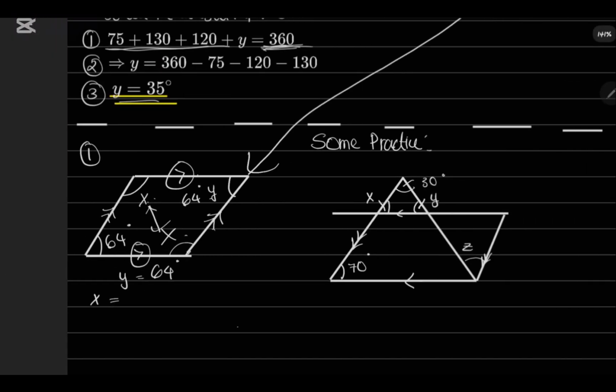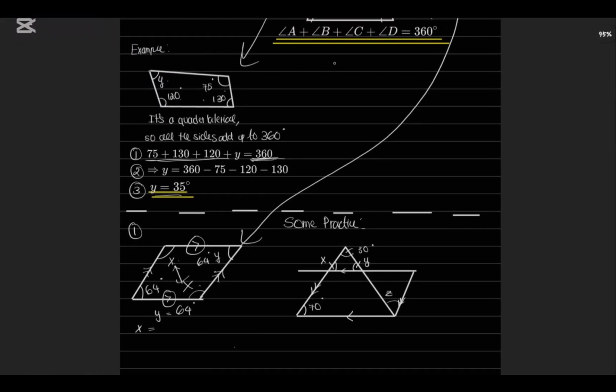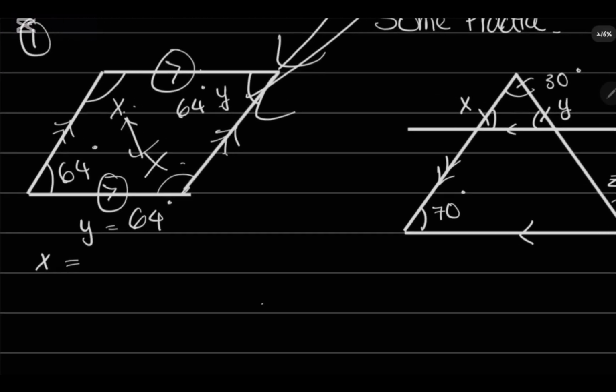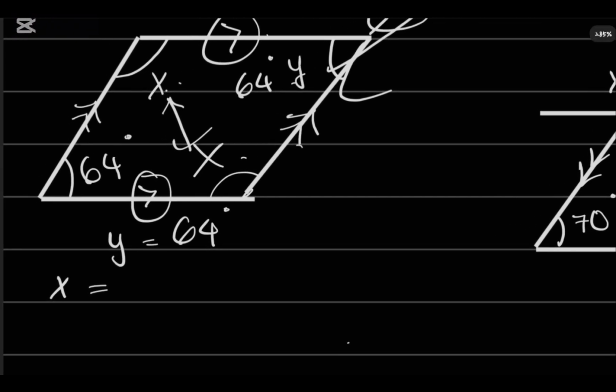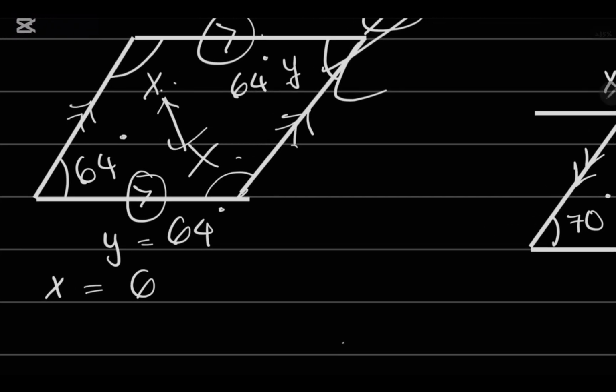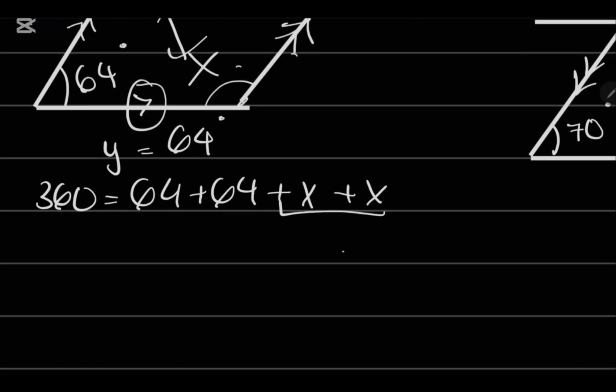Okay, and we know from rule number 3 that all interior angles in a quadrilateral add up to 360. So you can say that 64 plus 64 plus x plus x equals 360. You can group these two: x plus x is 2x, and 64 plus 64 is 128, so 128 plus 2x equals 360.